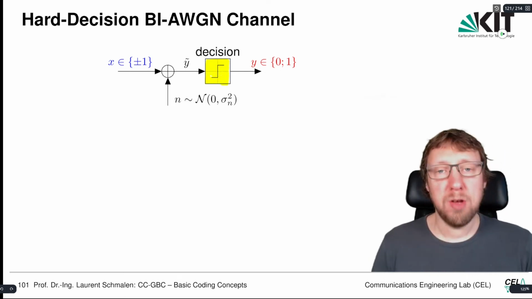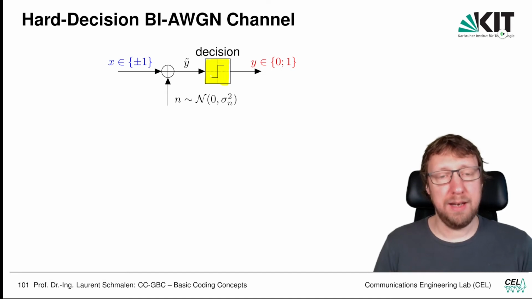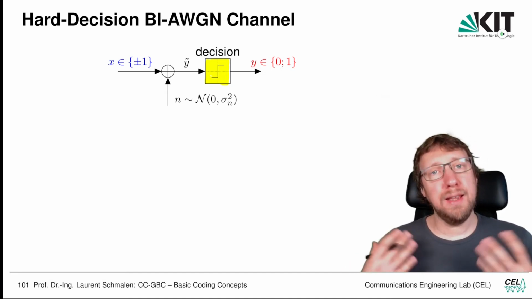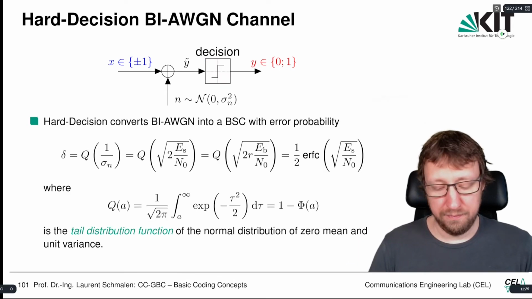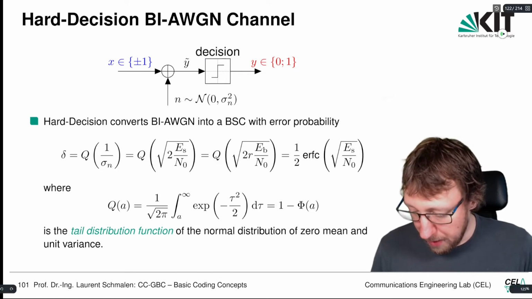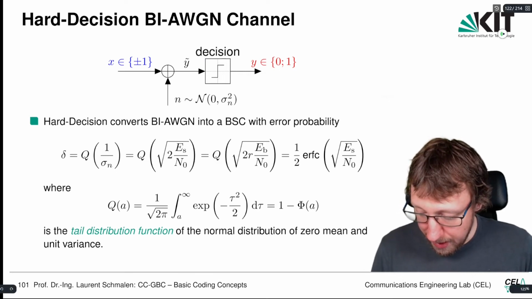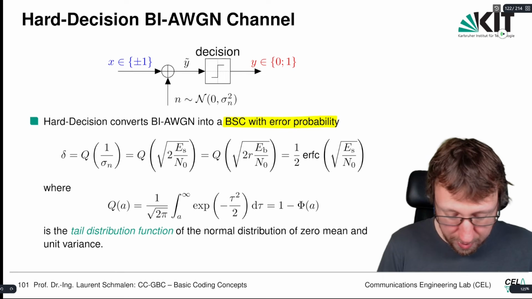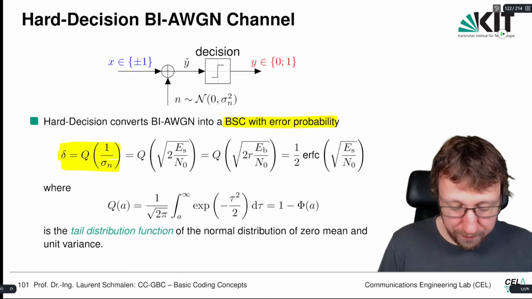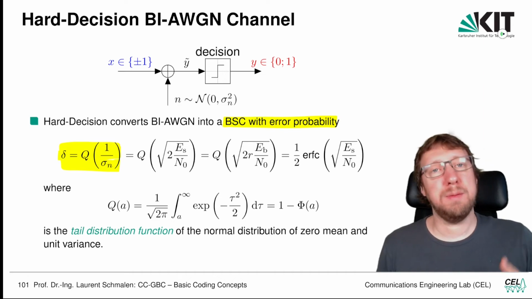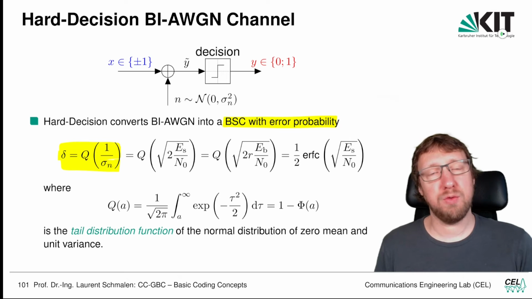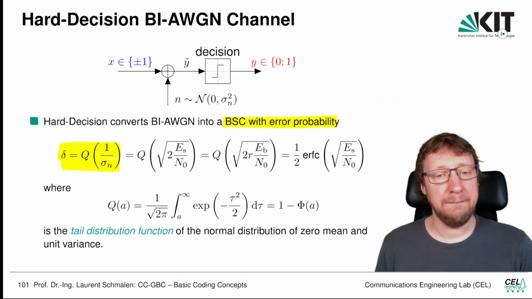And this decision, we have seen, transforms this channel into a binary symmetric channel with an error probability delta, which is equal to Q of 1 over sigma n, or 1/2 times the complementary error function of square root of ES over N0.